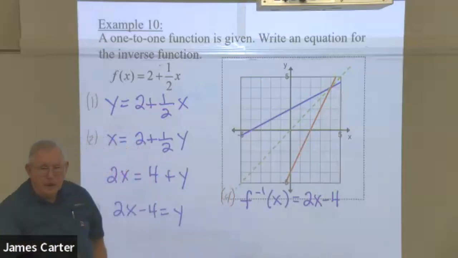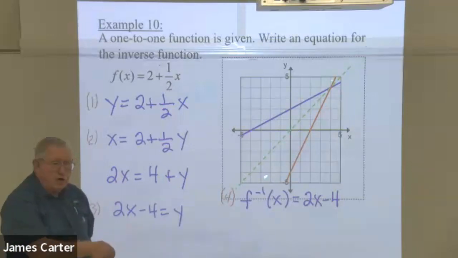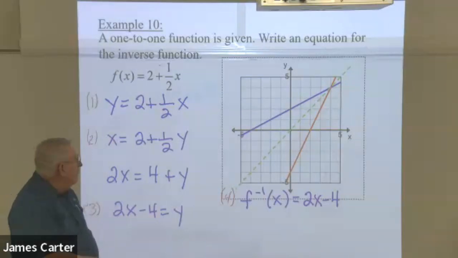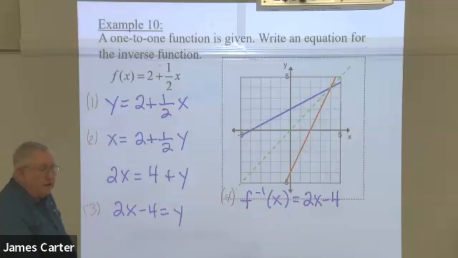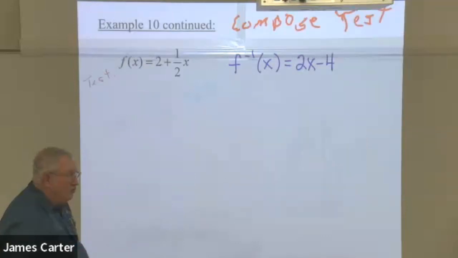Now, I told you before these things always reflect across a 45-degree angle through the origin. And as you see, they do. By the way, that's the y equals x line. For an inverse, it'll be the same slope, just the numbers are flipped. Well, they're going to have reciprocal slopes, but don't try to take a shortcut with that one.